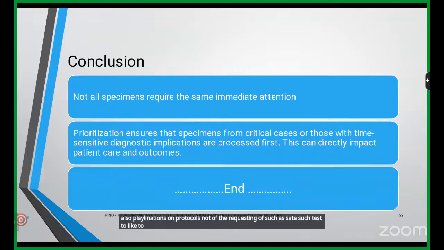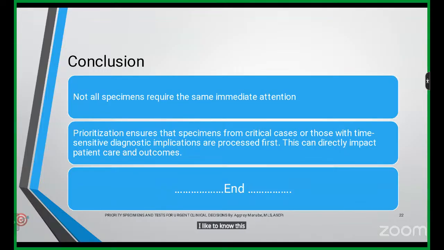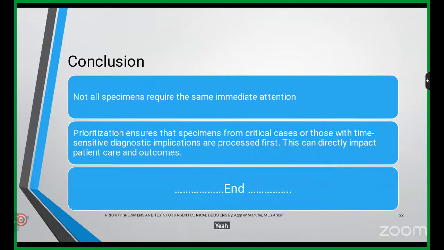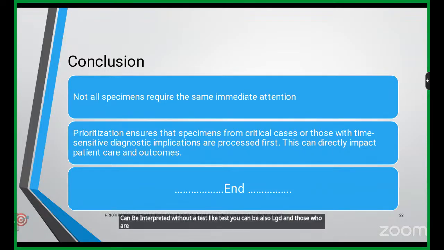Like now, troponin and CKMB and LDH and other cardiac markers, cardiac enzymes, should be handled as emergency cases. Troponin as an indicator of MI can be interpreted with other tests like CKMB, LDH, and other cardiac markers.